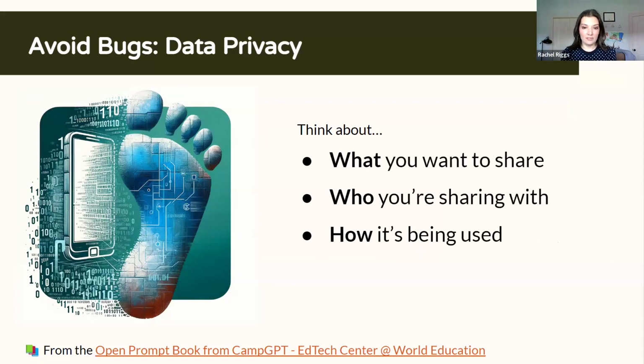So data privacy. First of all, a lot of the tools are free right now, kind of like during the pandemic when a lot of companies were sharing their tools for free. And then as we transitioned out of that time, I'm thinking of a tool called Wakelet in particular, was free. Now it's at a cost. It's freemium. So you can only do like 3 wakelets and you have to pay for anything else.